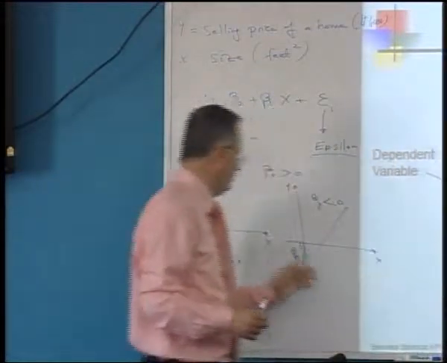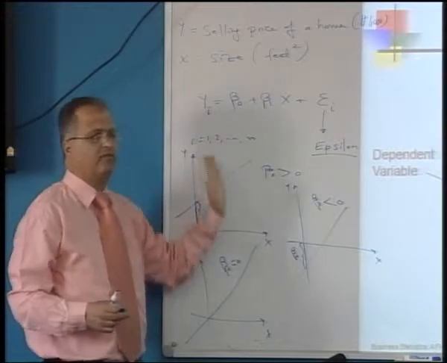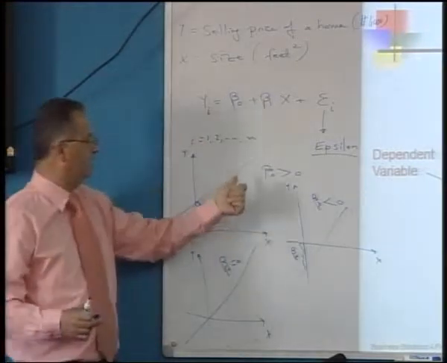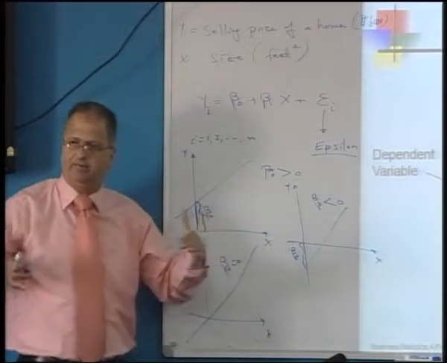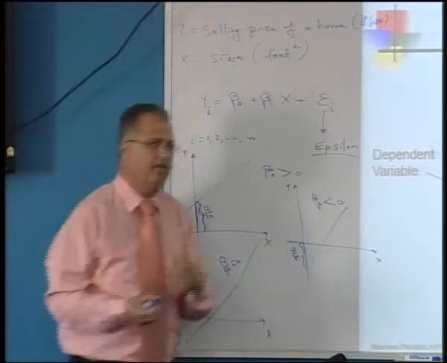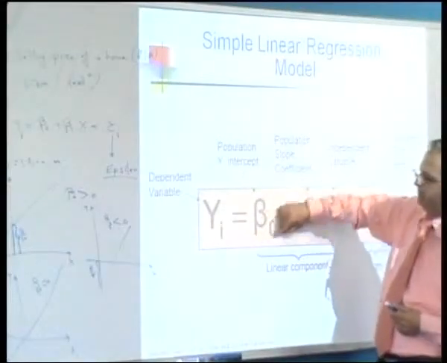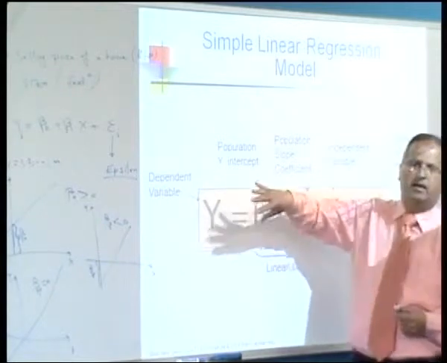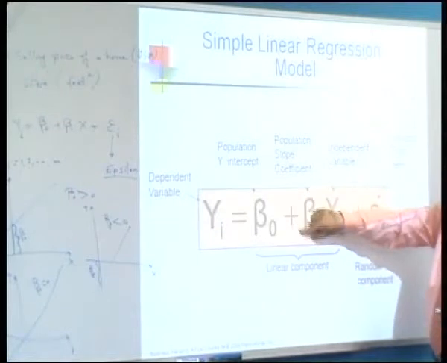Because in the three cases there exists a positive relationship, but beta 0 could be positive or negative or equal 0. You cannot determine by looking at beta 0 whether there exists a positive or negative relationship.